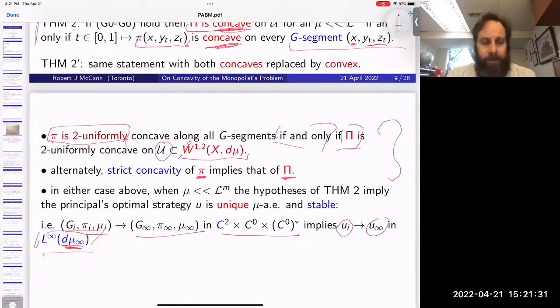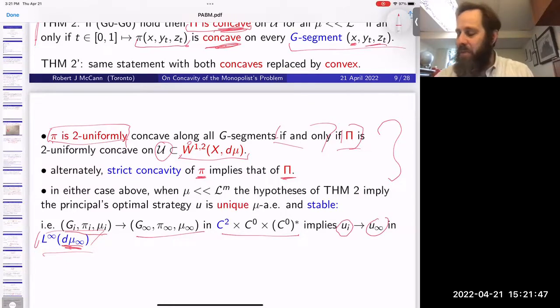So my message about stability is that if you perturb Roche and Chenet's example in such a way that you respect convexity, then your solution is going to be stable with respect to perturbations. If you perturb it in such a way that you violate convexity, all bets are off.